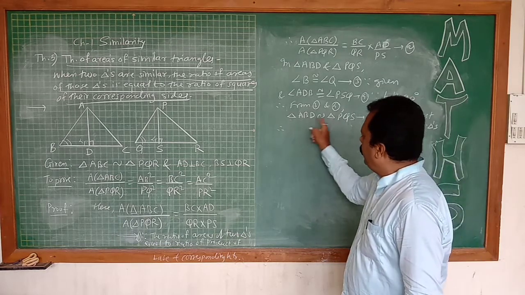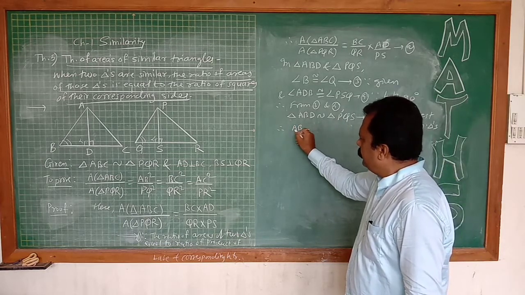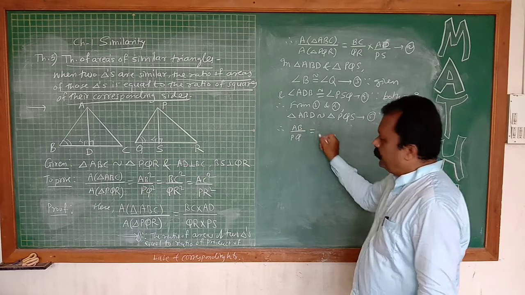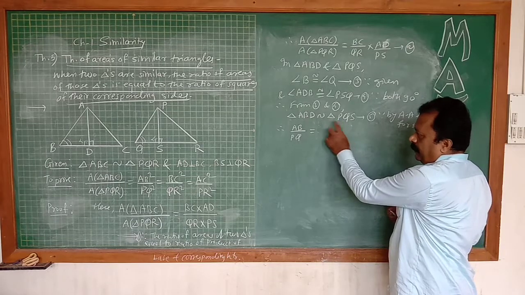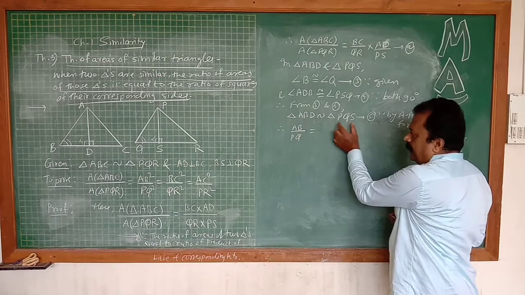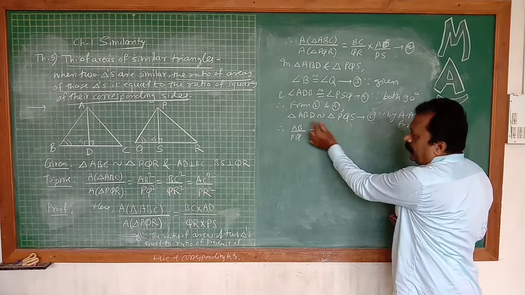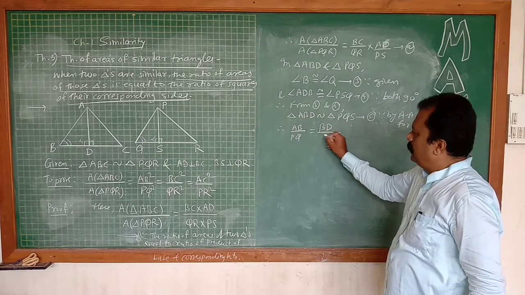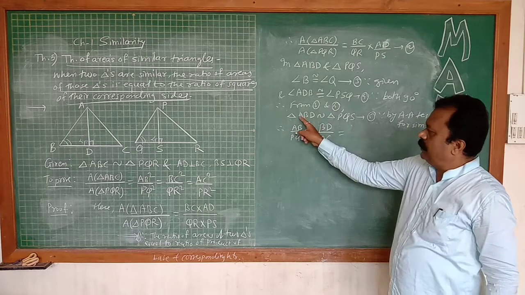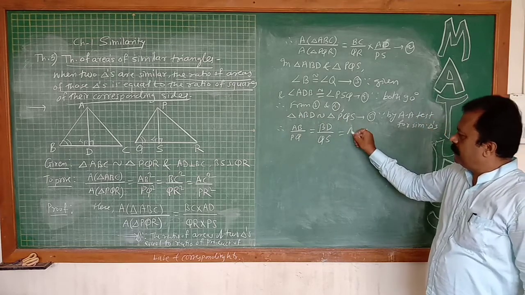There, AB upon PQ. You know how to write corresponding sides: first alphabet, last alphabet, first, last. AB upon PQ is equal to BD upon QS, and is equal to AD upon PS.